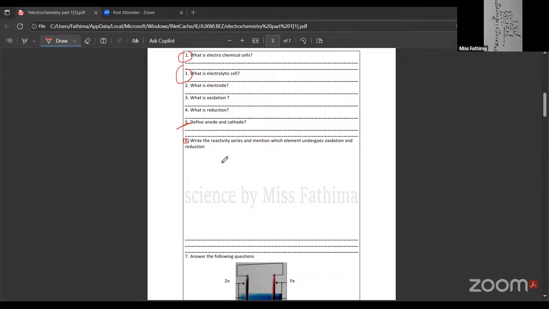To do the sixth question, in the given blank space, write the reactivity series once again. Then put an arrowhead above and show that the above elements will undergo oxidation. The below elements will undergo reduction. Then in the given lines, write the above element.